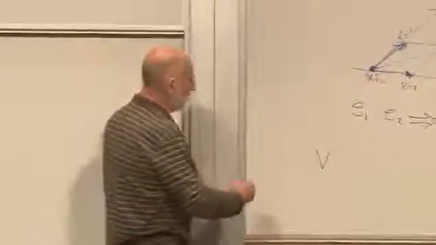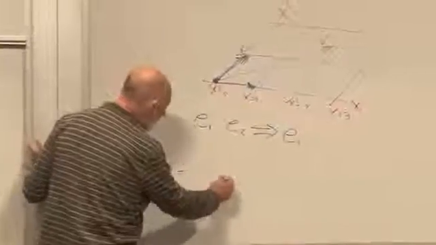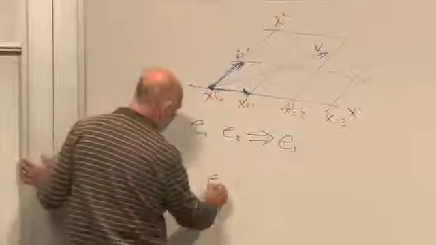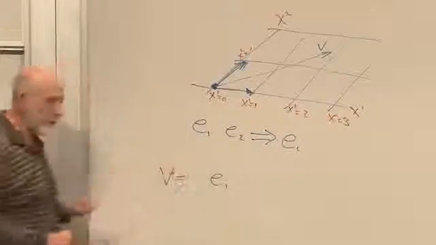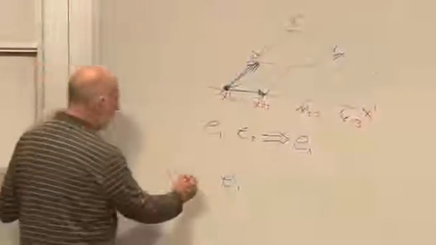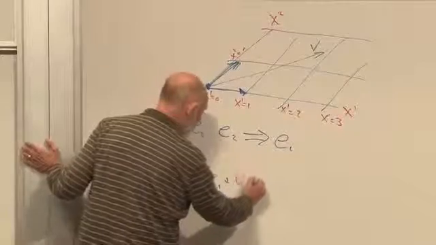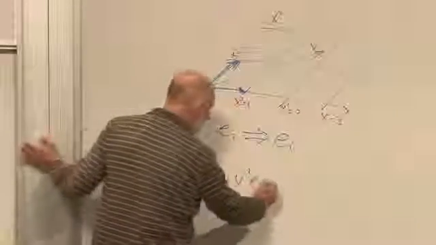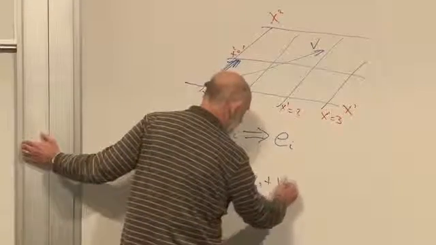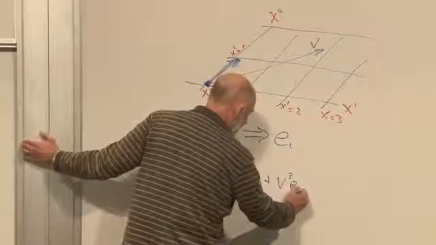In other words, it can be expanded as a sum of terms, the first one having E1, and the coefficient of E1 we'll call V1, plus V2 E2 plus V3 E3.